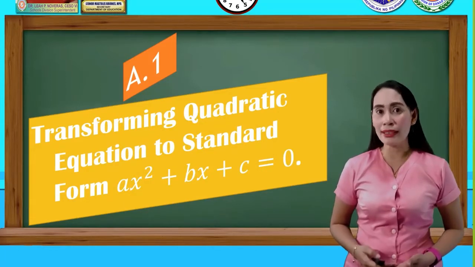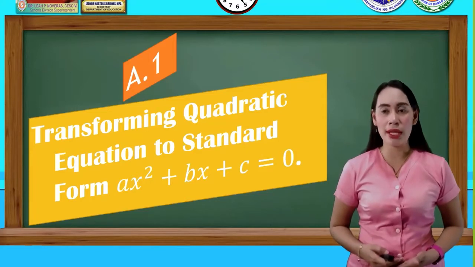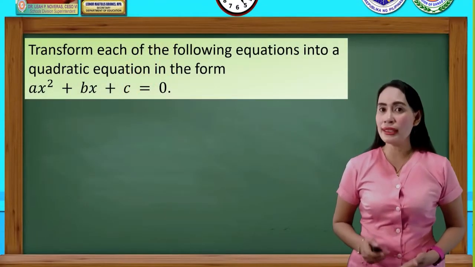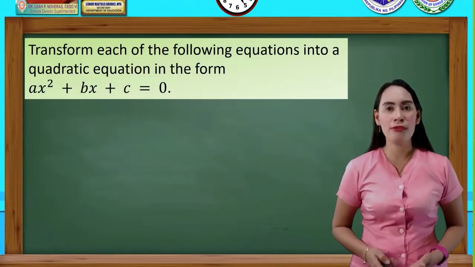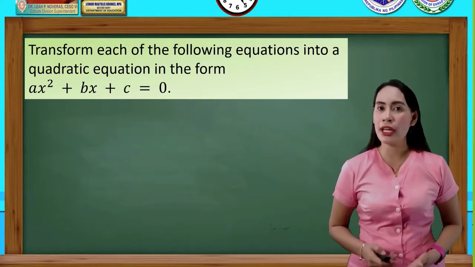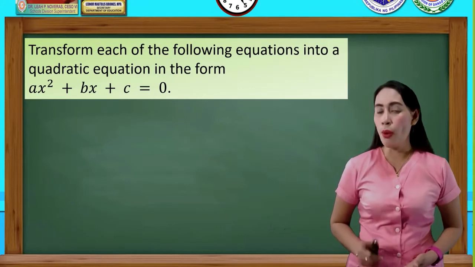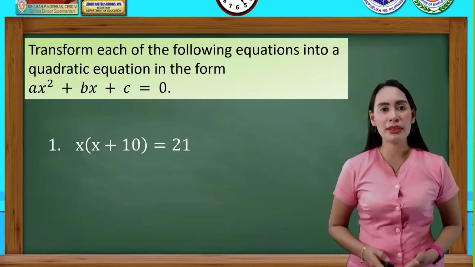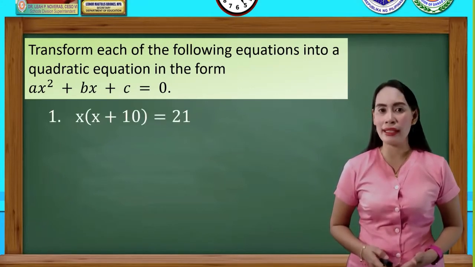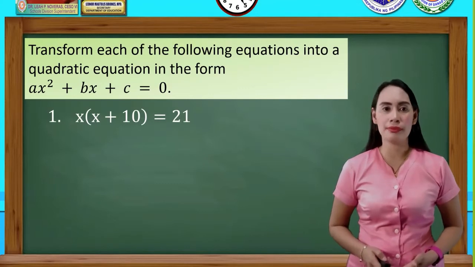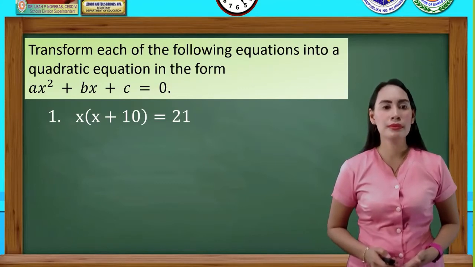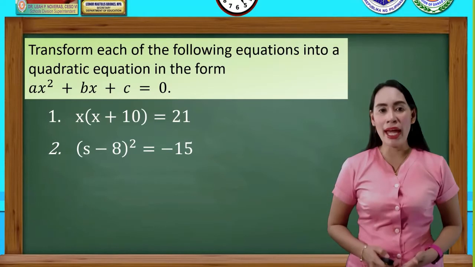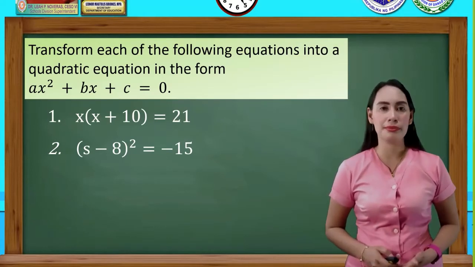In order for us to solve these equations, here are some examples of equations that are not written in standard form. Number 1, x times the quantity of x plus 10 equals 21. Number 2, the quantity of s minus 8 squared equals negative 15.